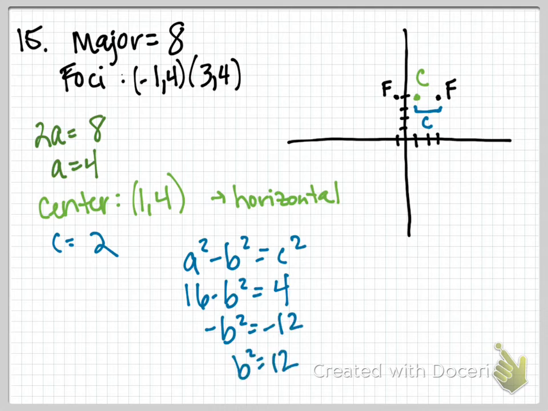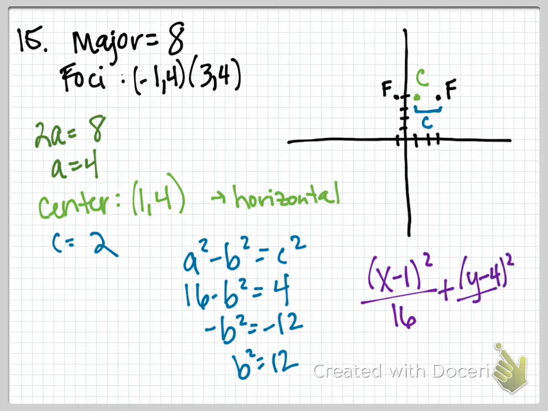I'm not going to bother simplifying that because when I put it back into the equation, it's squaring B, so it would just be undoing it. So now I have A, B, and my center. It's a horizontal ellipse, so that means that the A value goes underneath the X, so it's X minus 1 squared over 16 plus Y minus 4 squared over B squared, which is 12, equals 1, and there's the equation of my ellipse.